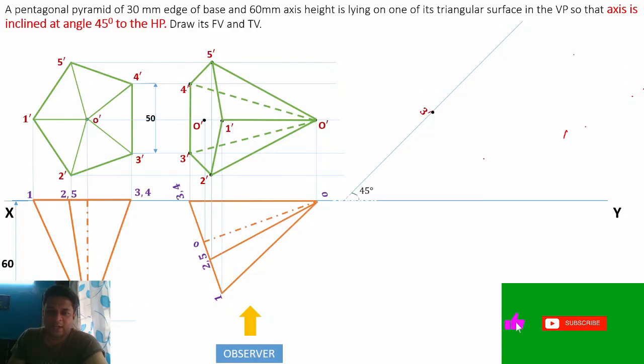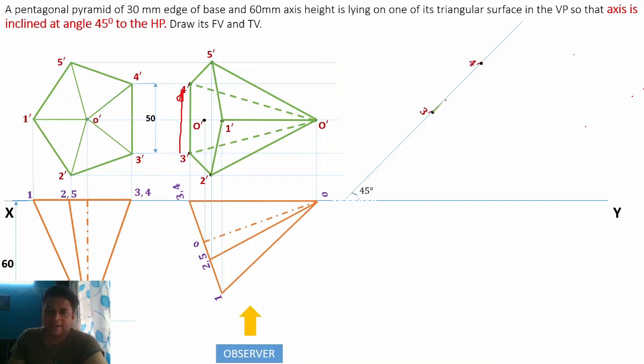Next, mark the 4 dash point by taking this distance in your compass. Mark the next point 4 dash here, and then connect them with the help of a dark line. So the visibility concept will be similar. The dark line will remain a dark line and hidden lines will remain hidden lines here. Then we'll plot the point O dash. We'll take the compass and keep the metal end on the 3 dash, and then mark this distance in your compass.